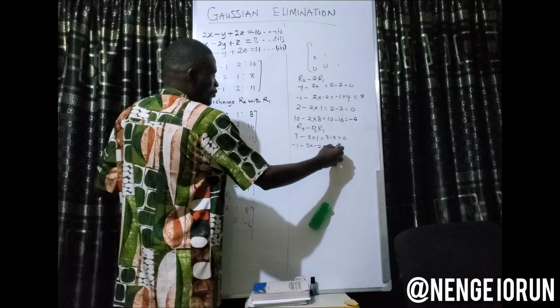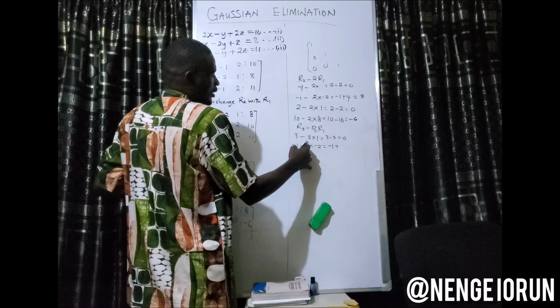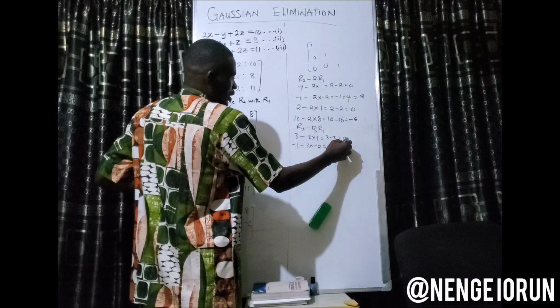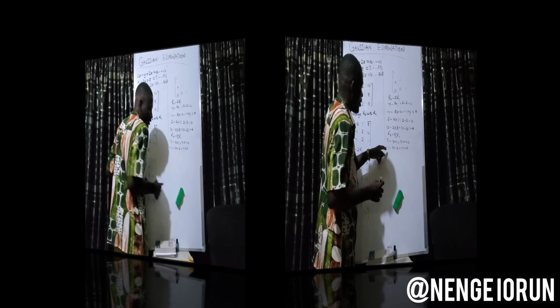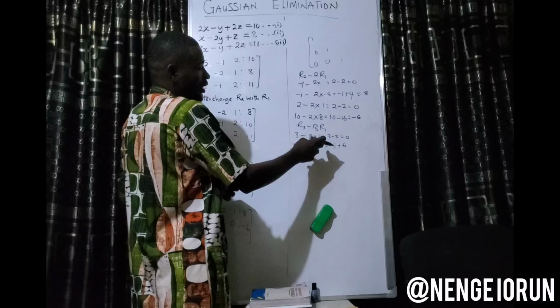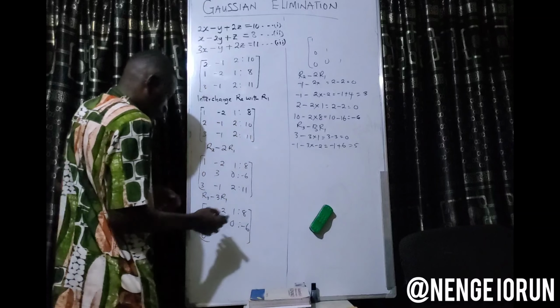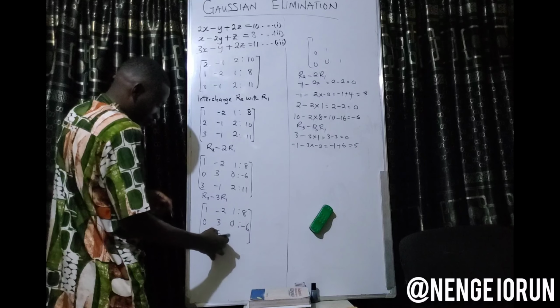This will give us negative 1 minus, negative times negative is positive, 3 times 2 is 6. Here you have negative 1, negative 3 times negative 2 is positive. This will give us 5. So what we have here is now 5.